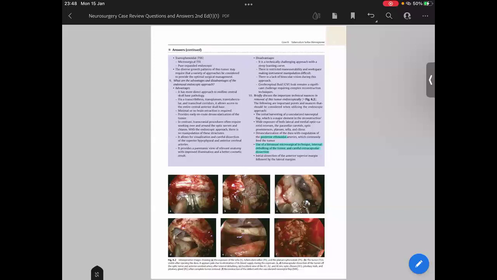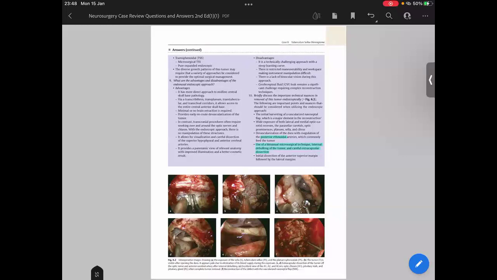Okay, the next question is, briefly discuss the important technical nuances in removal of this tumor endoscopically. And they've given us some images down here, which show the step-by-step approach to these tumors.